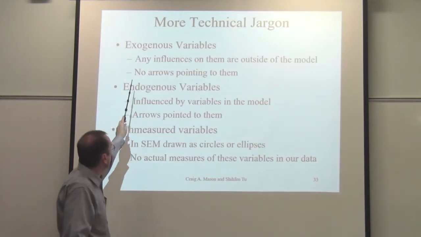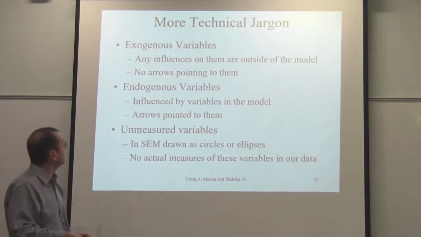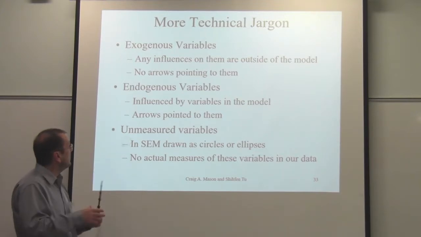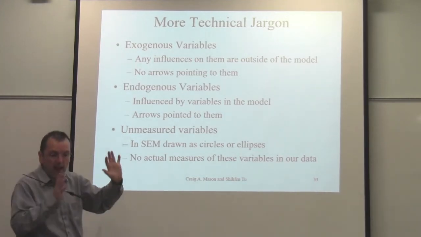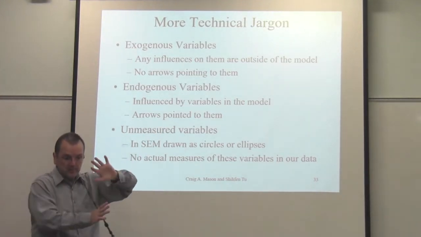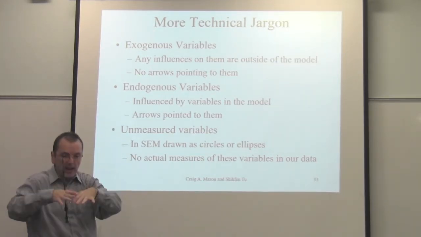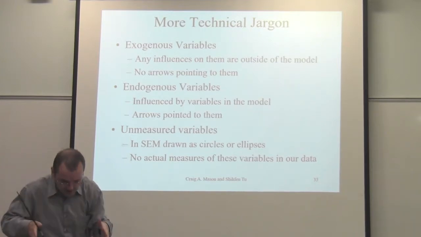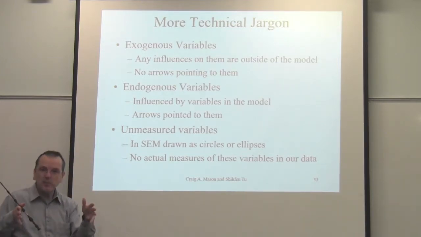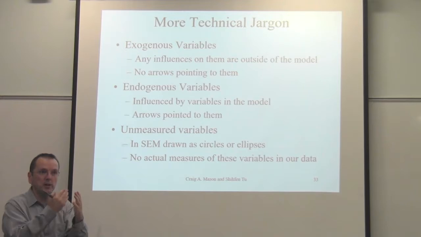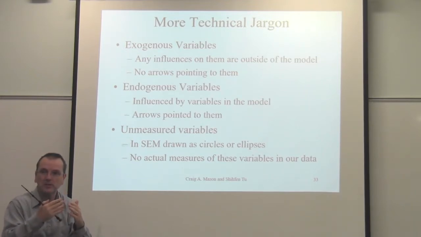Some other technical jargon: exogenous variables. Any influence on an exogenous variable is outside of the model. So they're like the first variable in the chain, in that sequence.